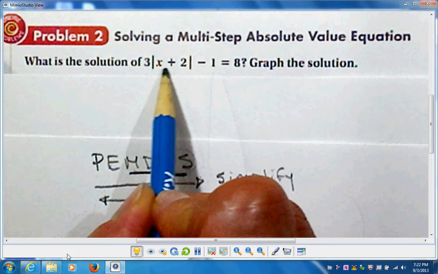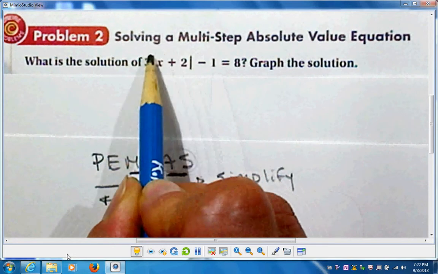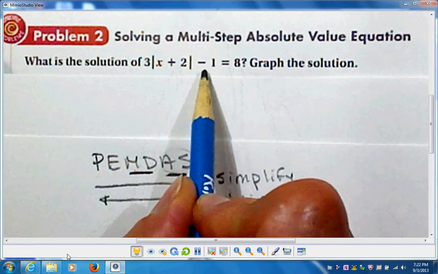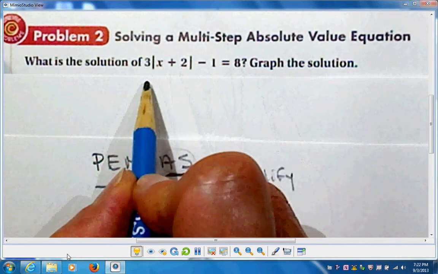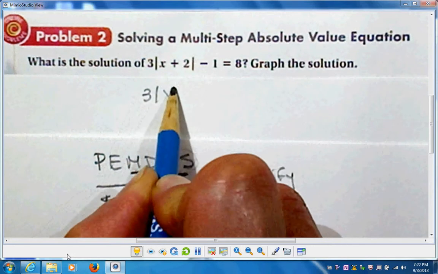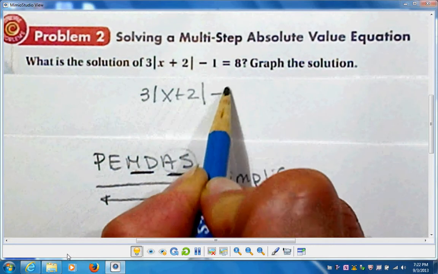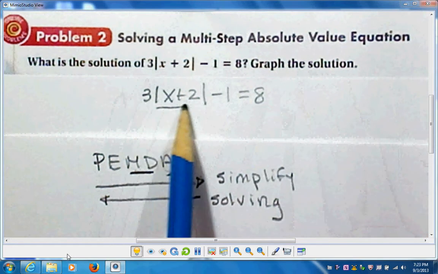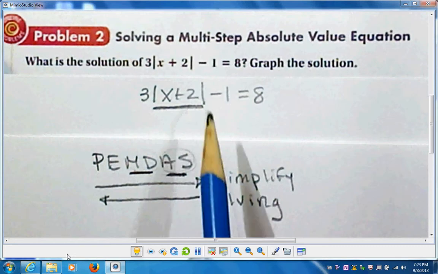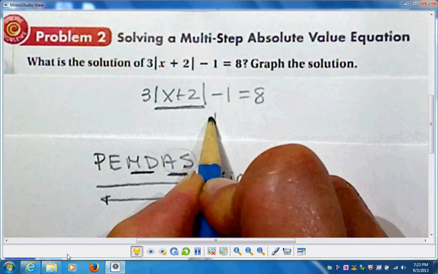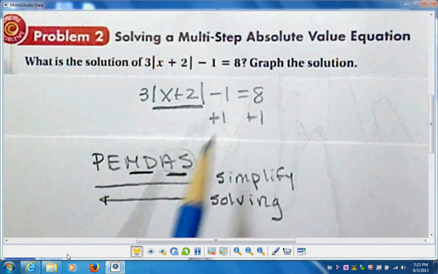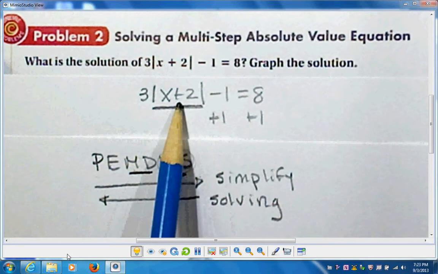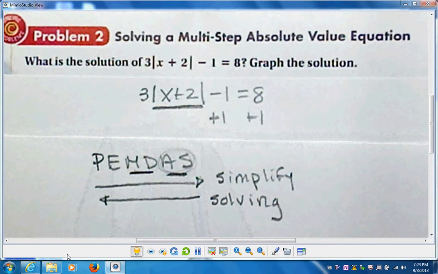X is stuck inside the absolute value right now, and that's what we want to get by itself, the absolute value. So notice I have a negative 1 here. I'm going to rewrite this problem, which is a habit you should always get into as well. So I want to get this alone right here by itself. That means I'm going to add 1 to both sides because I have something being subtracted from what I'm trying to solve for.